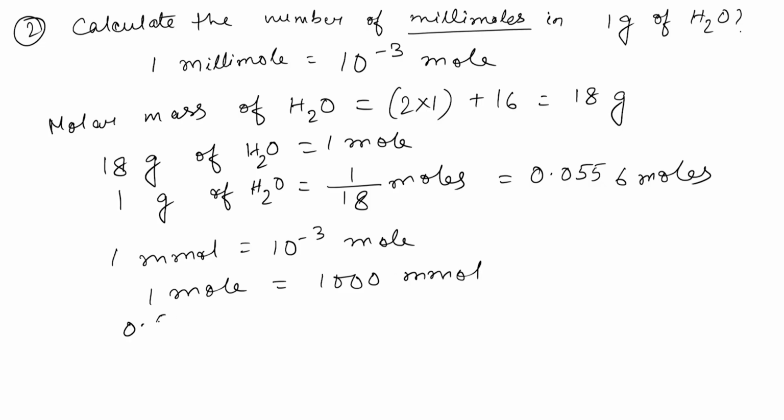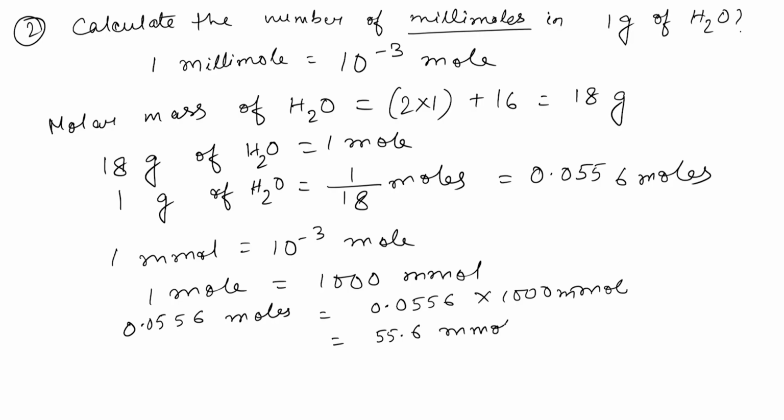So 0.0556 moles is equal to 0.0556 into 1000 millimoles. This comes as 55.6 millimoles of water. So 1 gram of water contains 55.6 millimoles of water.